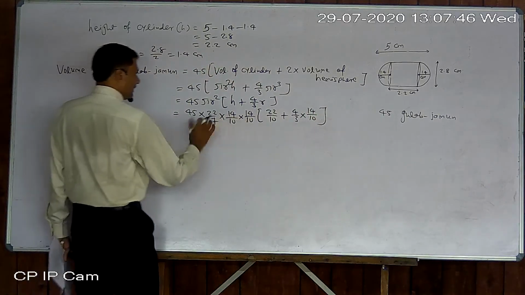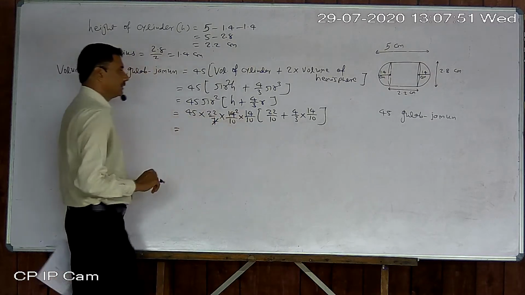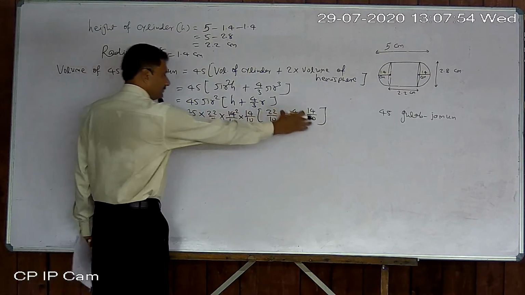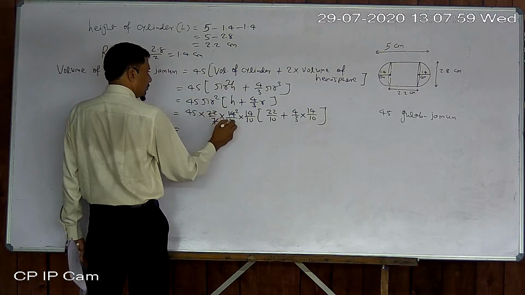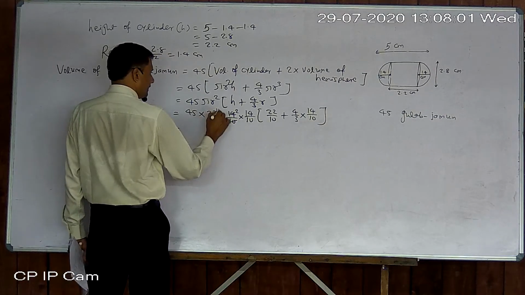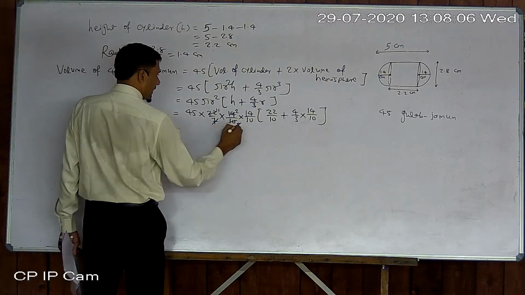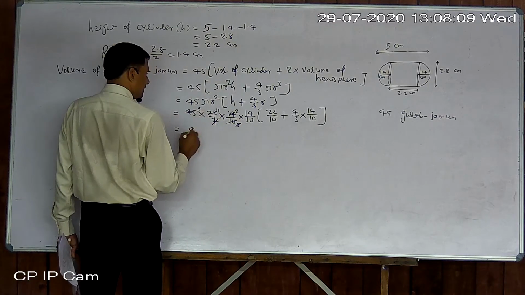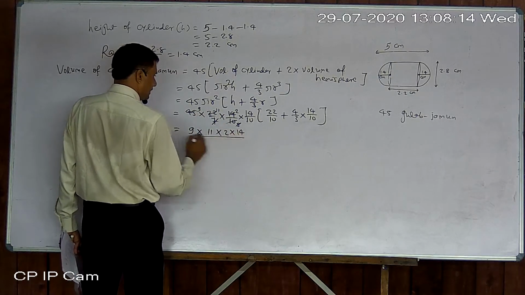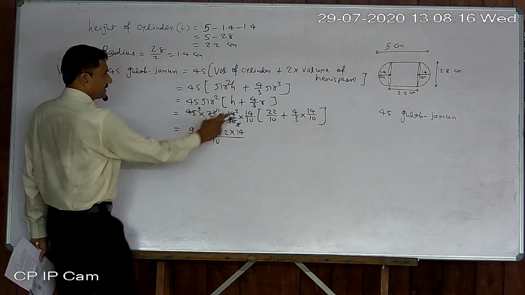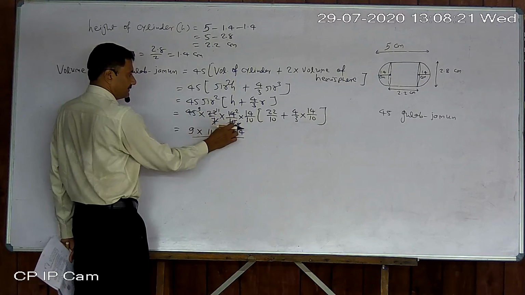Now try to simplify it. First of all, 7 goes into 14. Outside we just cut here. Then this is cancelled by 2 again. So 11 is left here, and 5 into 9 is 45. So whatever is left, I write down: 9 left, 11 left, 2 left, 14 left, and here only 10 left. Again, 7 goes into 14, by 2 I cancel out 11 and 5. 5 nines are 45.